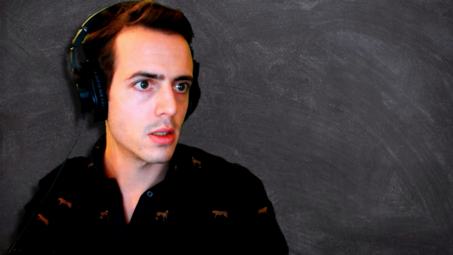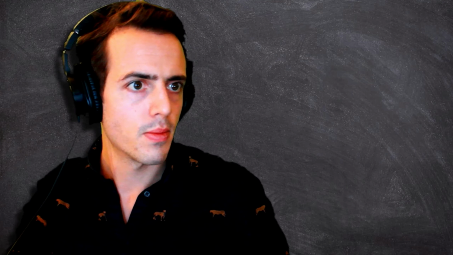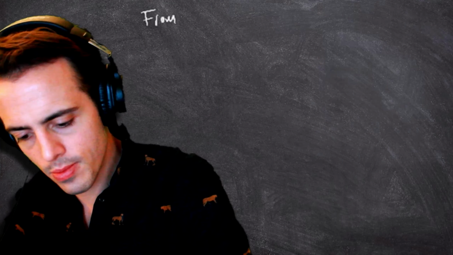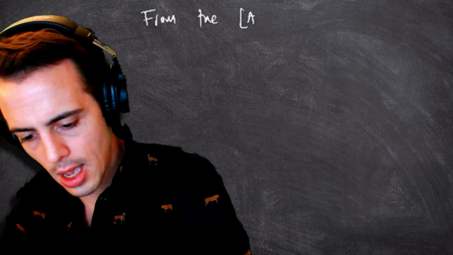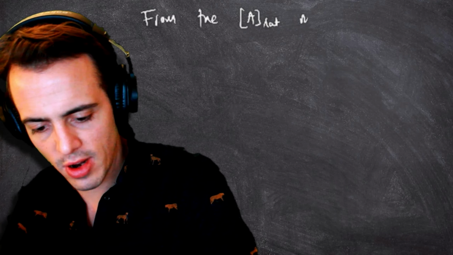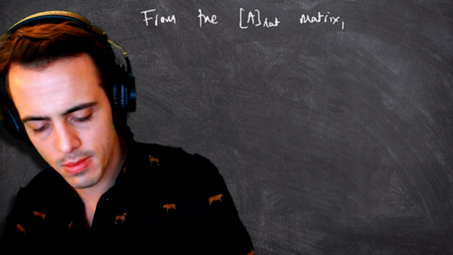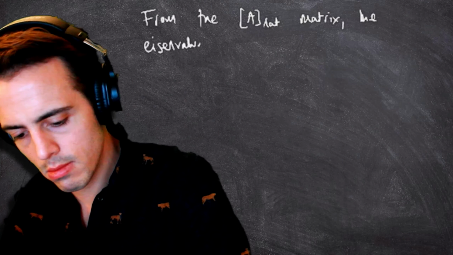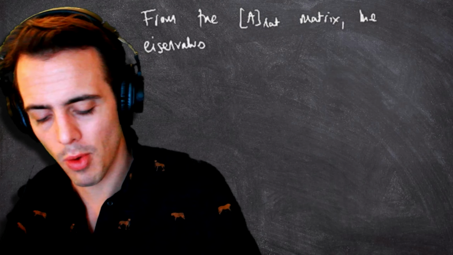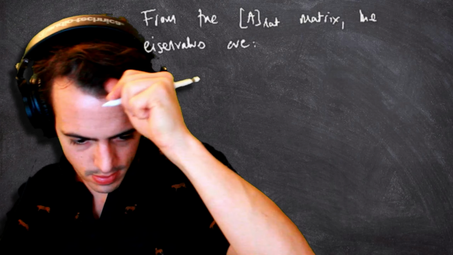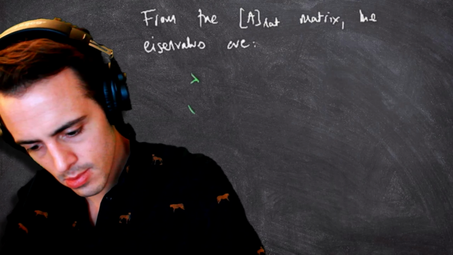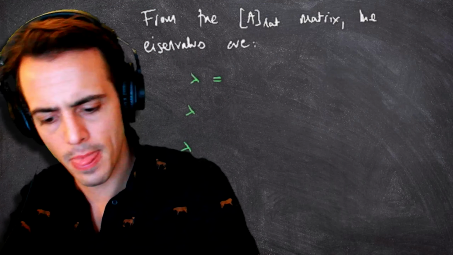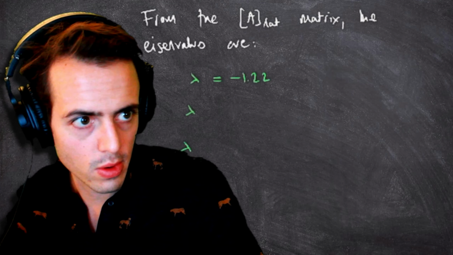So from the A matrix, the eigenvalues, and we're going to neglect the 0, 1, R. So lambda, the first one is equal to minus 1.2286.